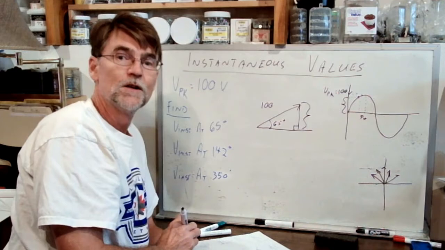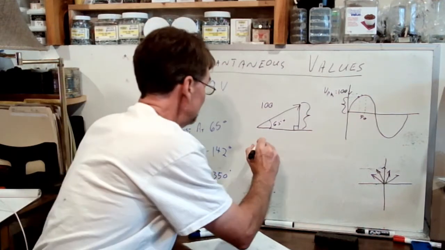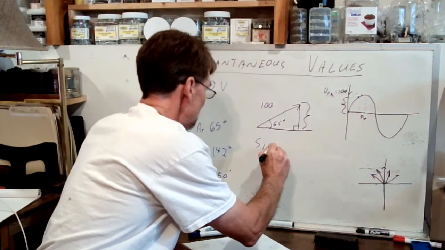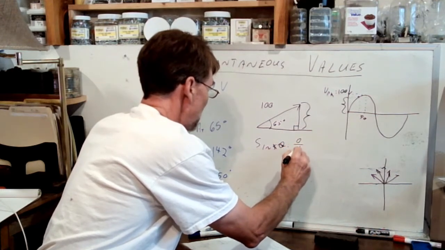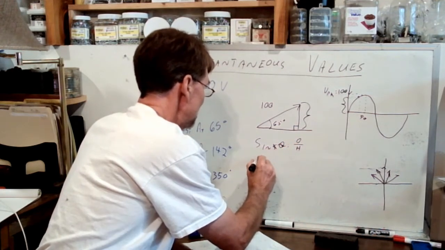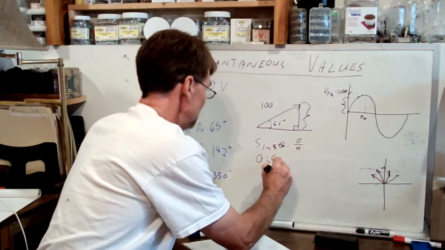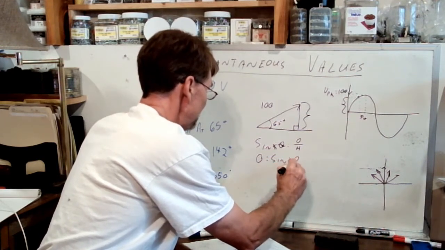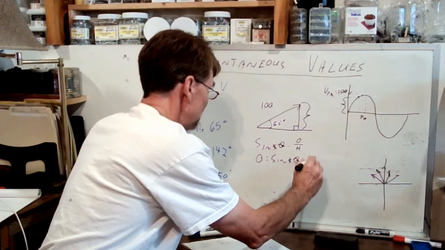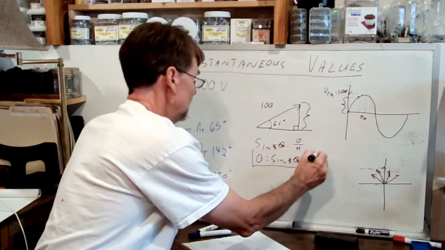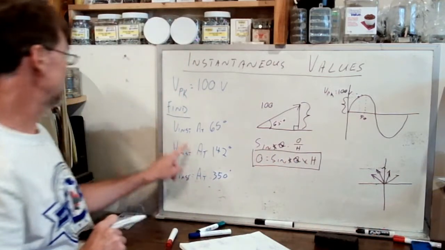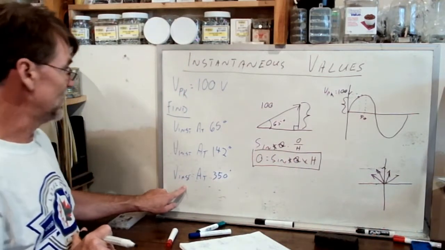We have an angle, so we're using the sine function. The sine of the angle theta is equal to the opposite over the hypotenuse, which means the opposite is equal to the sine of the angle theta times the hypotenuse. So there's our equation that we're going to use repeatedly to calculate the instantaneous values at different angles.